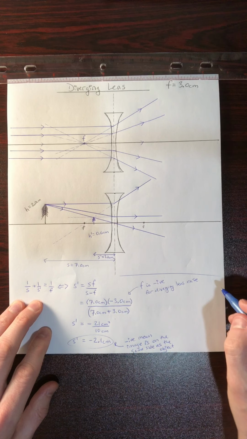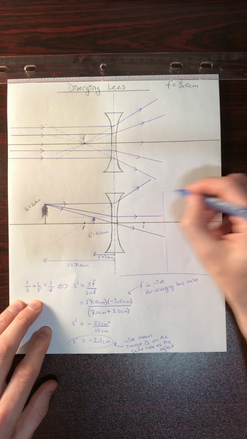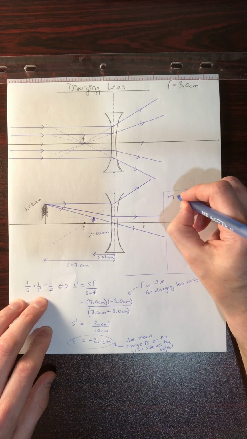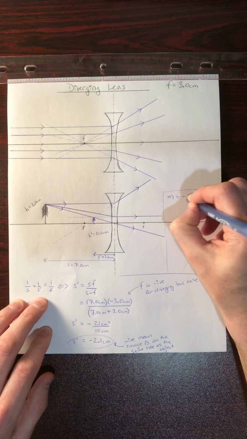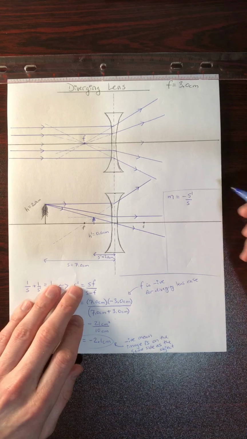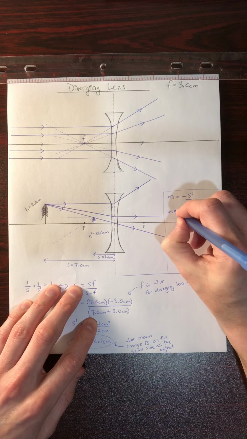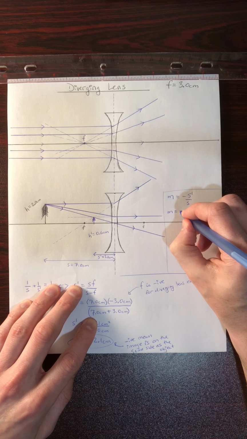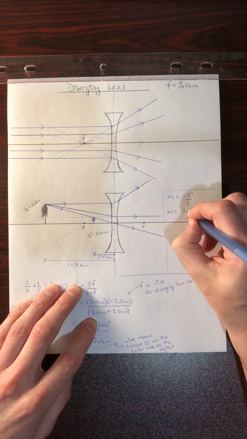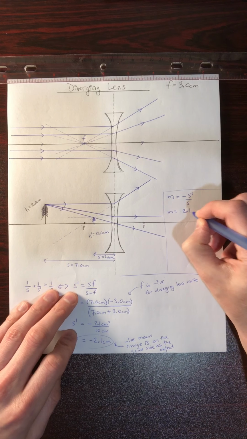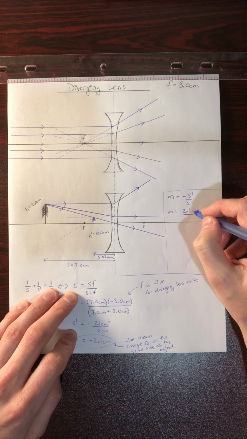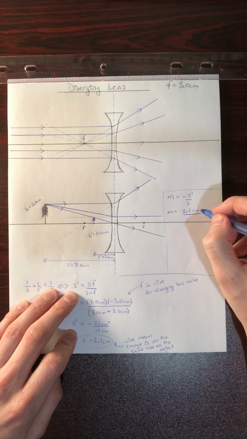Okay, so one last thing we could do, we could look at the magnification. So I'll draw this up here and say, well, our magnification is minus S primed over S. And that's going to be, I've got 2.1, this was the same, over our original distance away.